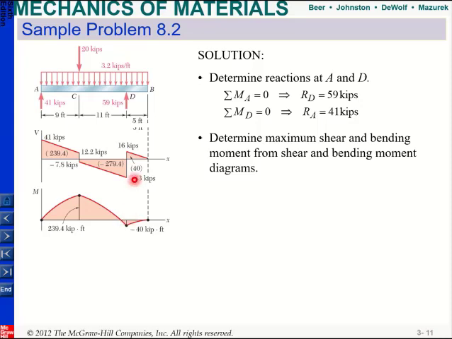So this point might be critical, at point D, just on the left side. And also this point. Here I have my maximum moment, and I see that there is also shear. Again, I will look at the left because it has a larger shear. So the left of C and the left of D might be the critical points.